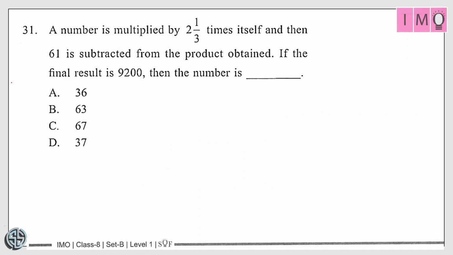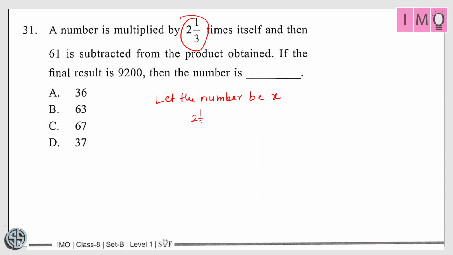Now let's move to the 31st question. A number is multiplied by 2 1 upon 3. Then 16 is subtracted from the product. The final result is 9200... you have to find the number. So you can write, let the number be x. It is multiplied by 2 whole 1 upon 3 times itself.